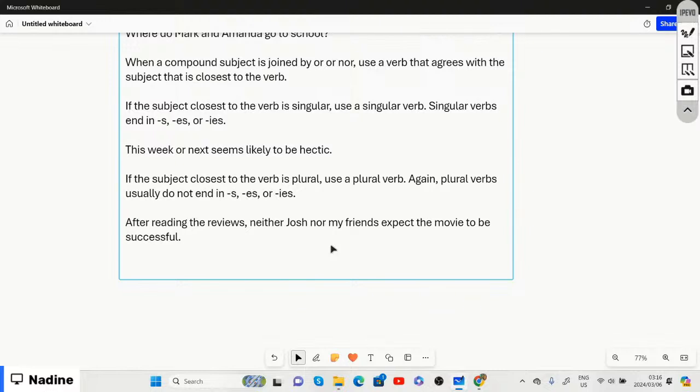After reading the reviews, neither Josh nor my friends expect the movie to be a success.